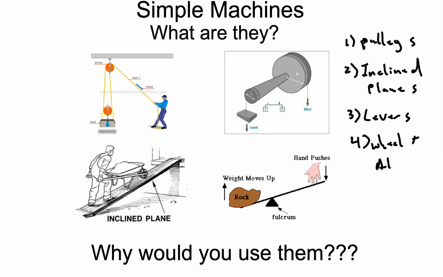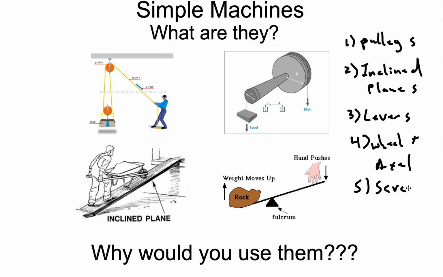Wheel and axle. It would help if I put an X instead of an L there. So wheel and axle, and this is a wheel and axle. Think of your doorknob. Your doorknob's a wheel and axle. You have a big knob, and then there's a stem behind it. And then we have screws.